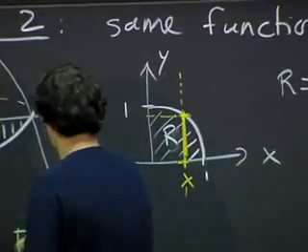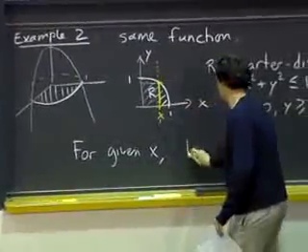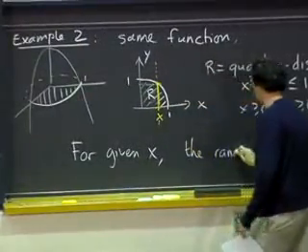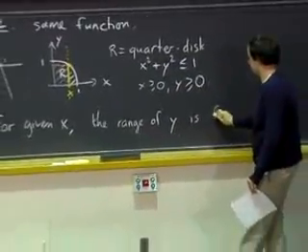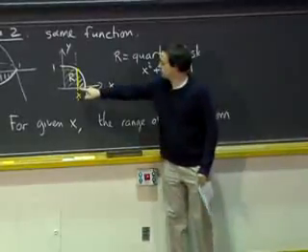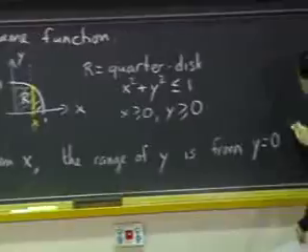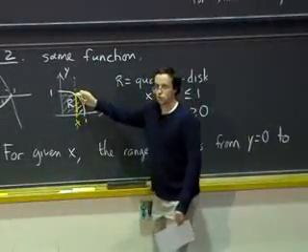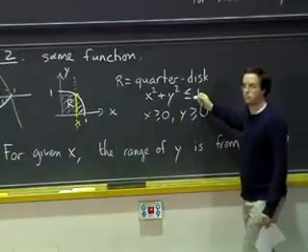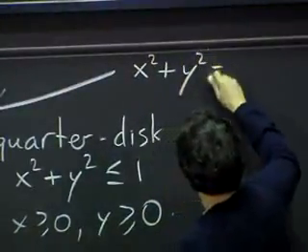So for given x, the range of y is, well, what's the lowest value of y that I will want to look at? It's still 0. From y equals 0 to what's the value of y here? Well, I have to solve in the equation of a circle. If I'm here, this is x squared plus y squared equals 1.